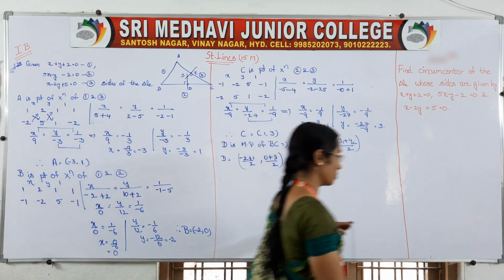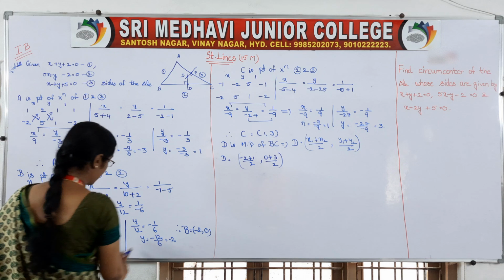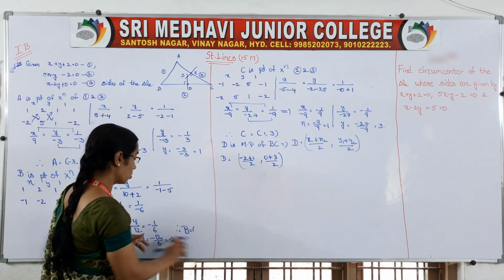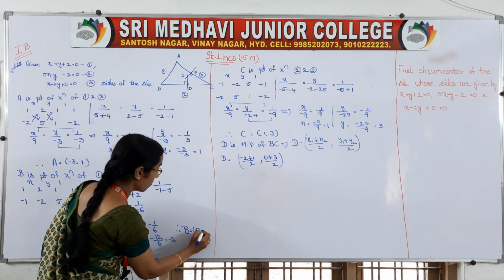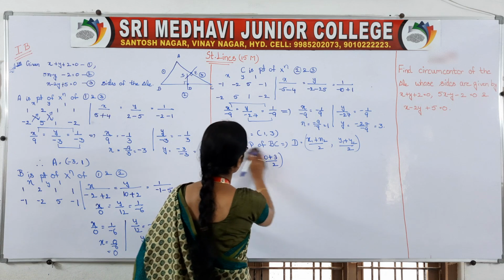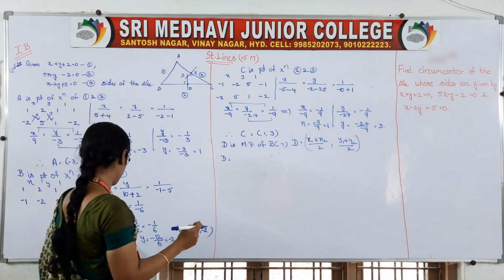Observe here, we had taken 0 for x, and y is equal to minus 2. So your points are (0, minus 2). So here also we will have the D value as, what is the D value?